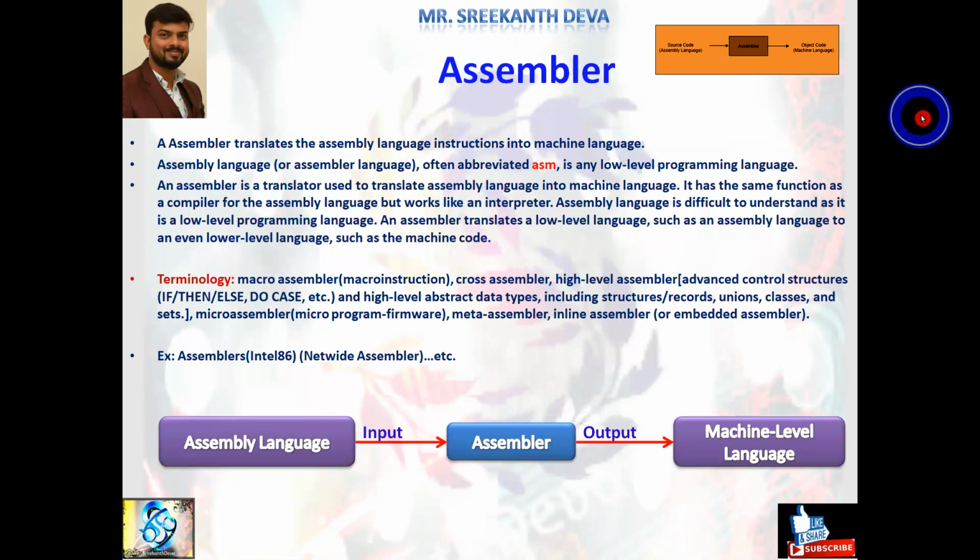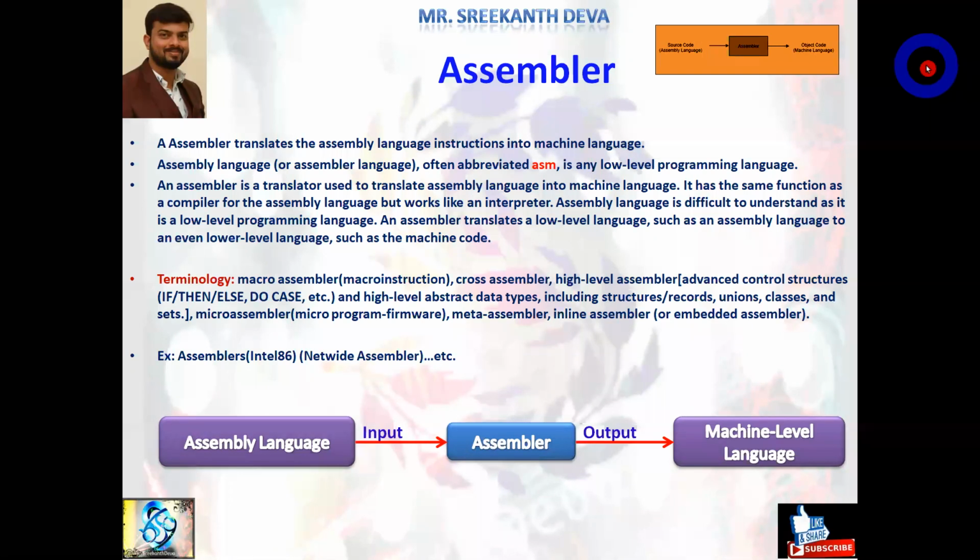About assembler. Assembler is a language translator, for second generation language, assembly level language. It translates assembly language instructions into machine language. Examples of assemblers are Intel 86, Netwide Assembler, and so on. Various assemblers are there.